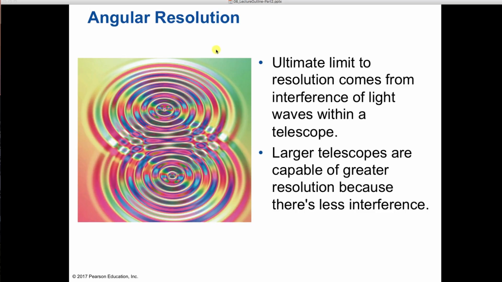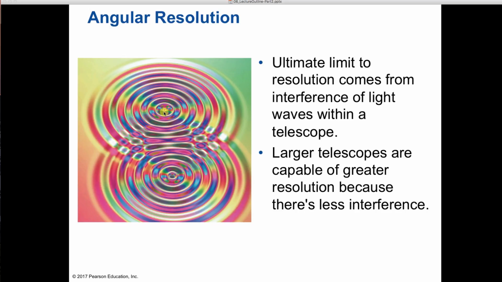A little pinpoint source of light that you take a picture of is not going to leave a little pinpoint dot of light on your sensor because of this thing called diffraction, the bending of light as it passes through openings. The image you're going to get is actually going to be like a dot with circles around it almost.